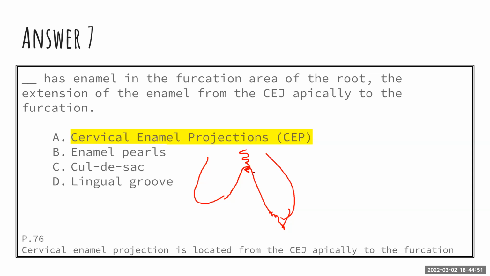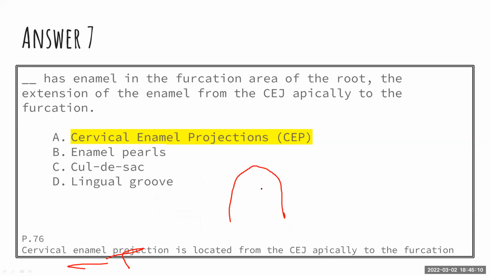You can get your explorer right into that furcation when it's a grade 1 furcation area, but it doesn't go all the way through. Kind of like a cul-de-sac. Looks like that on the inside. Okay. Cul-de-sac.